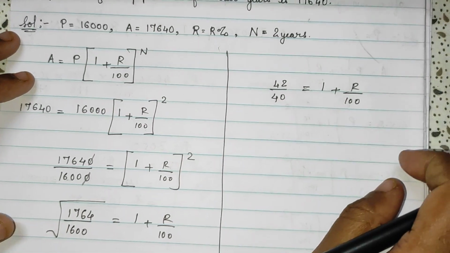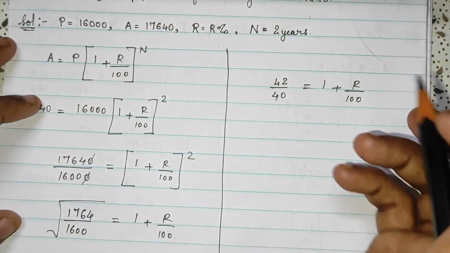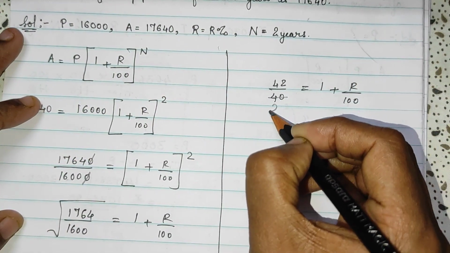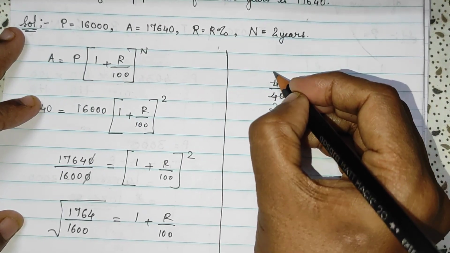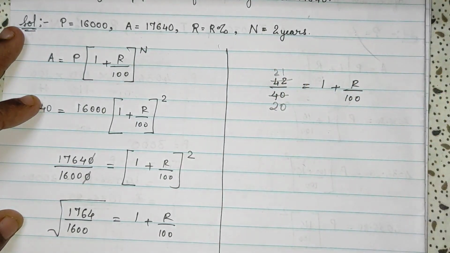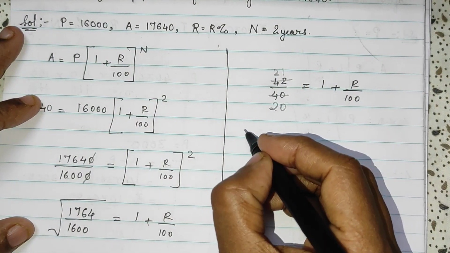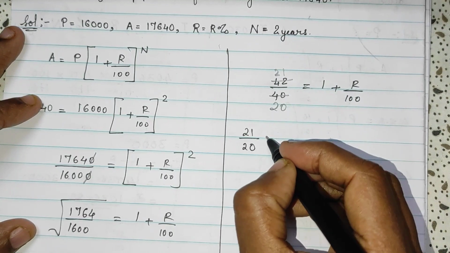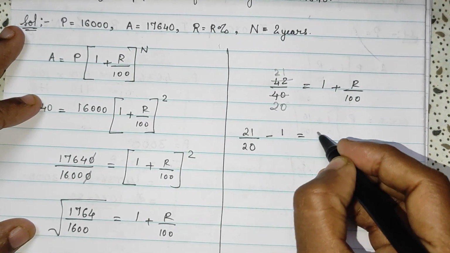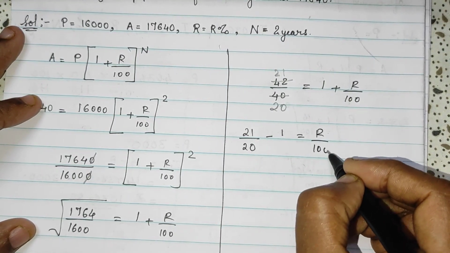So now if we divide further, 4 2s are 8 0, 2 2s are 4 0, 2 2s are 4, 2 1s are 2. So 21 upon 20, this one we will bring here, it will become subtraction, r upon 100.